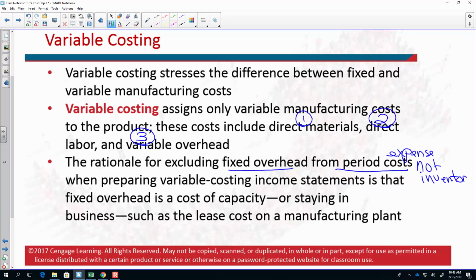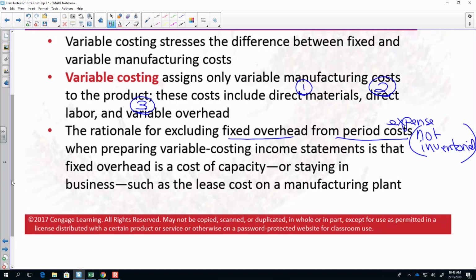Does everybody understand when I say not inventory, what does that mean? It's not part of product cost. So it's not going through what account? Work in process, right. When I say it's not inventoried, not in WIP, work in process inventory.